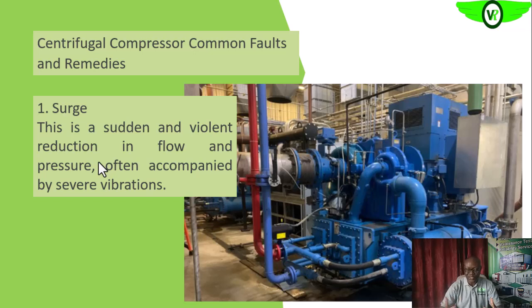Instead, it is returning to the suction. Are we getting it? So since it's returning to the suction, it means that it will act against the incoming compressed air. So that can cause surge, and surge has very drastic effect on the compressor because it can result in serious vibration of the compressor.